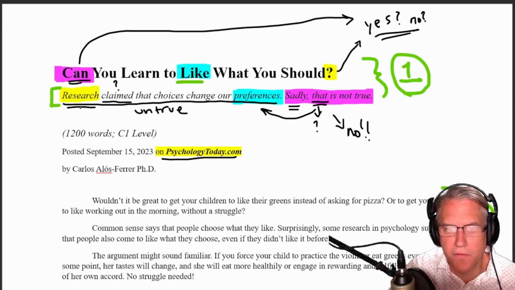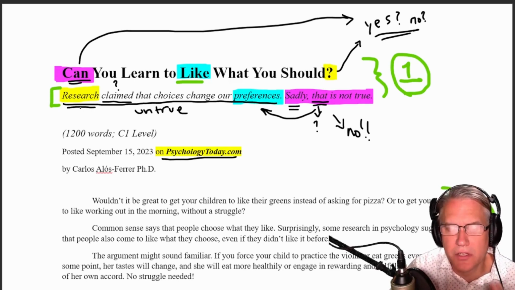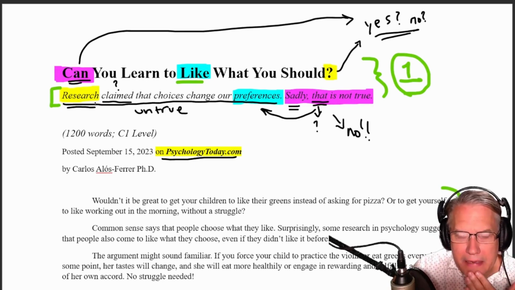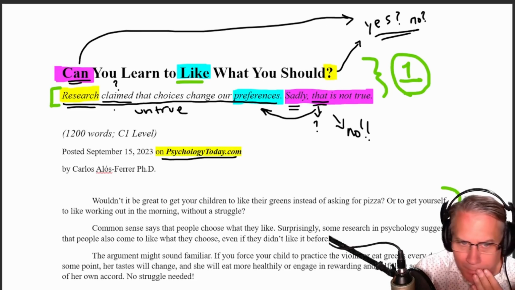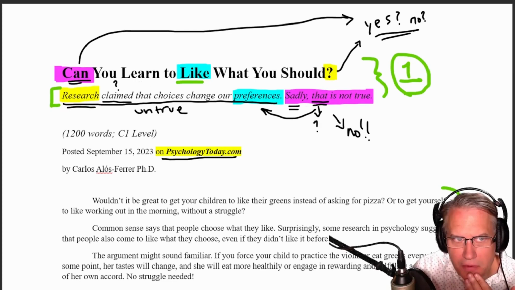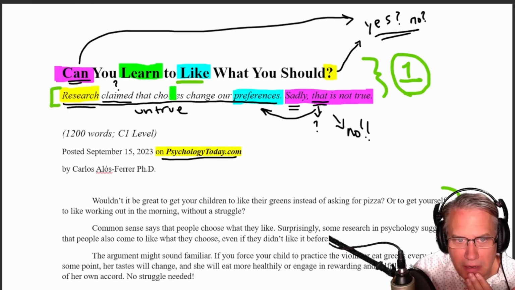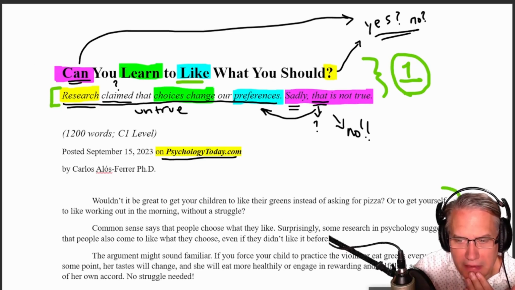The research that has come before, this author is disagreeing with that. Here's something else I'm noticing, and that is I want another color. Give me a green. The relationship of learning and choices changing our preference. So there's something else there as well. All right, so what kind of a guess can we make about it?